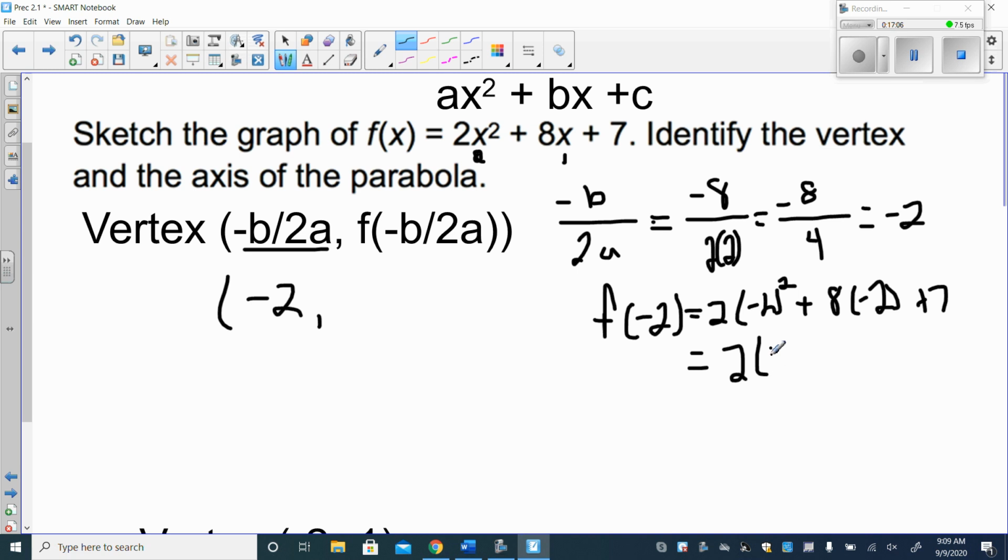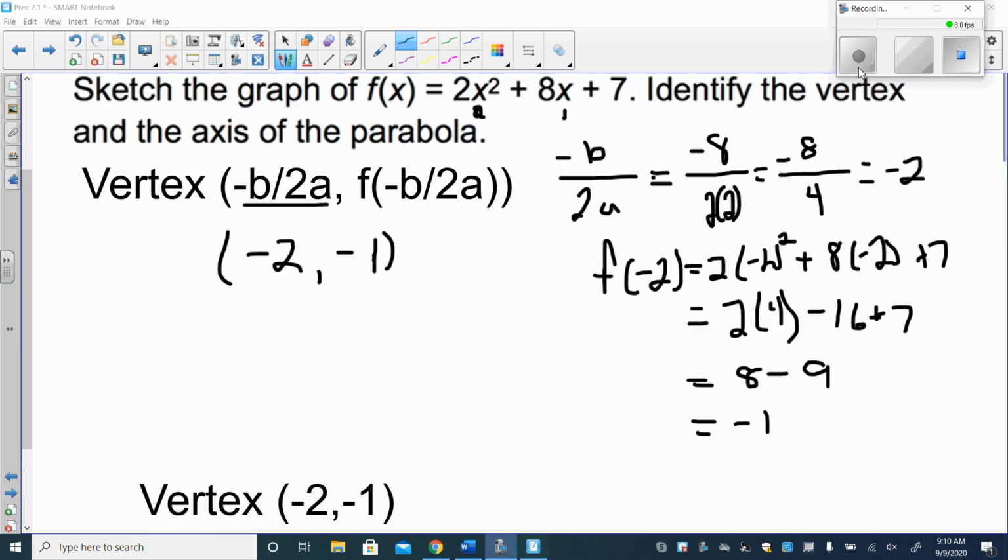Well, negative 2 squared is 4. 8 times negative 2 is negative 16, plus 7. 2 times 4 is 8, and negative 16 plus 7 is negative 9, and 8 minus 9 is negative 1. So we get that the vertex for this is negative 2 comma negative 1.